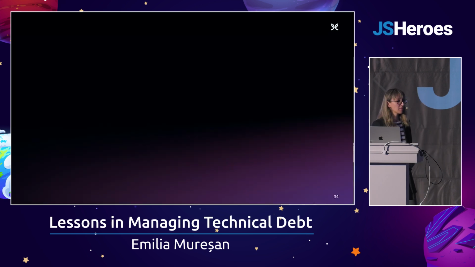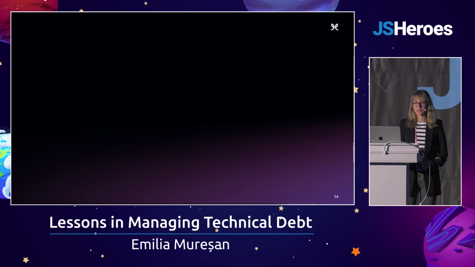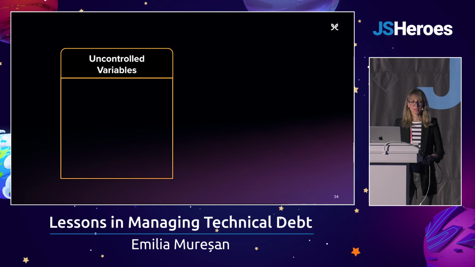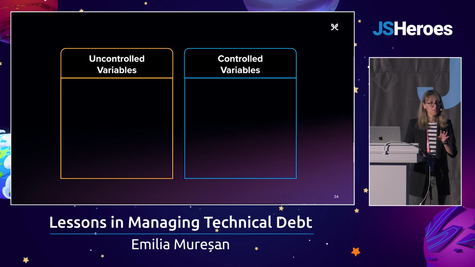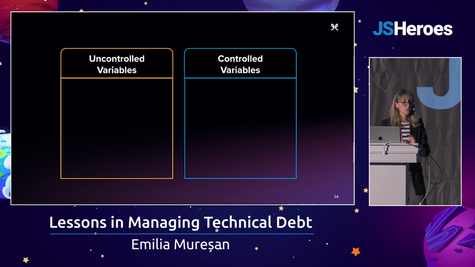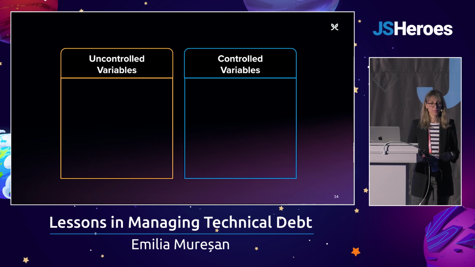So when we first started thinking about technical debt, we used an analogy from economy. I want to take it back to economy, but from a macroeconomic perspective. When we're talking about the economies of countries, most economists today agree that there are a set of uncontrolled variables and a set of controlled variables that determine the economic success or failure of a country.